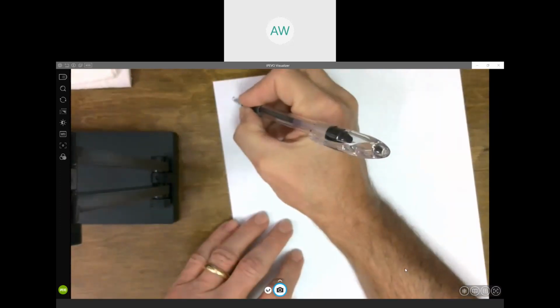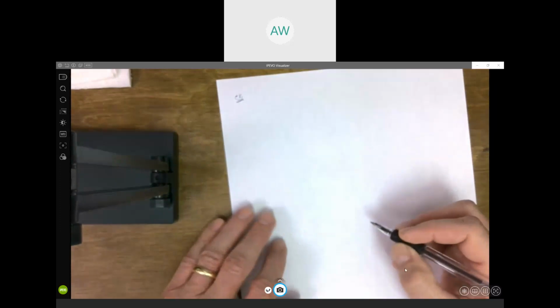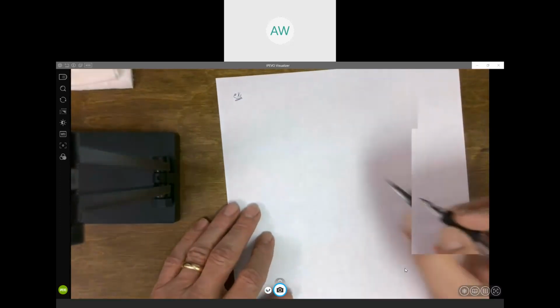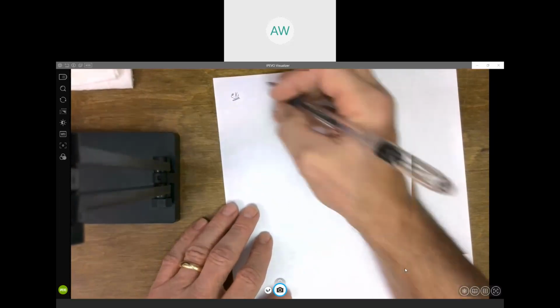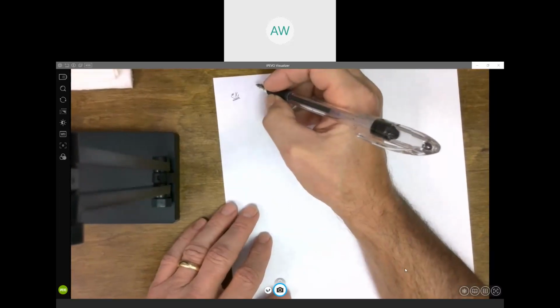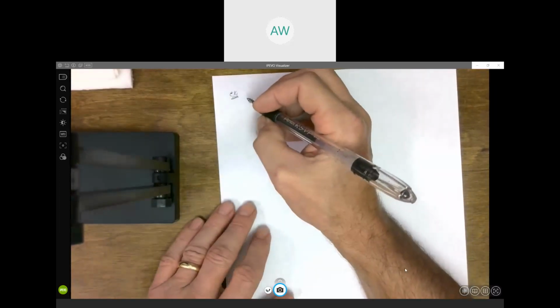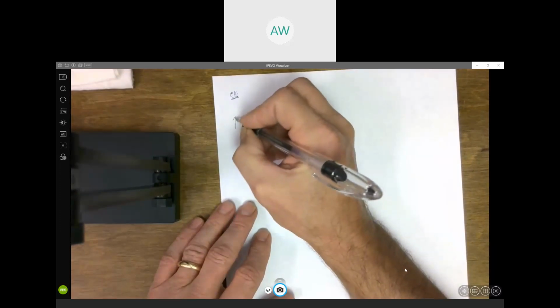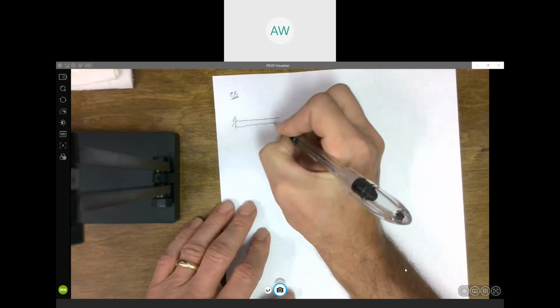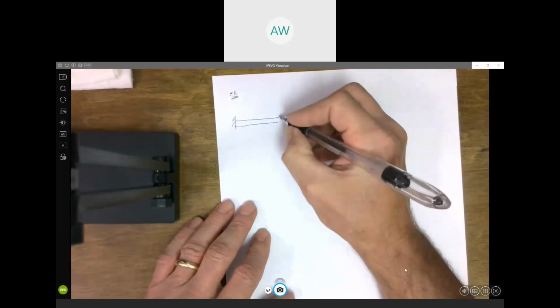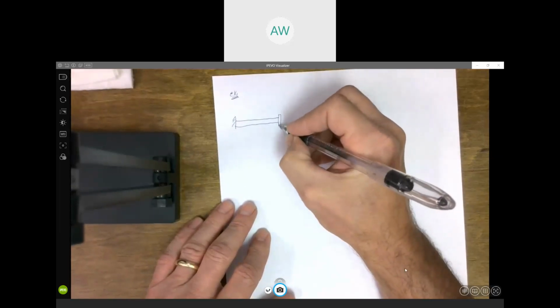This one, kind of similar, a little bit different. Let me draw the picture first. Here we've got this member, which is actually made of two different materials.